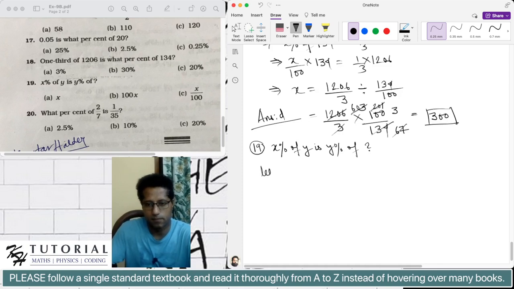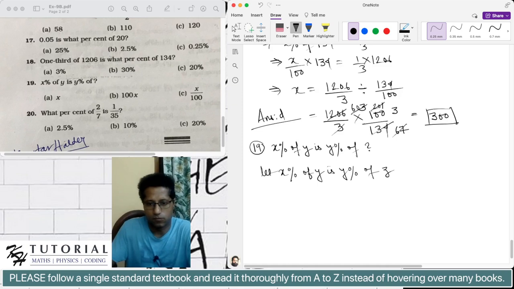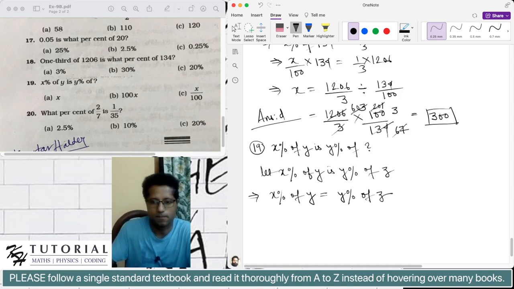So let x percentage of y be y percentage of z. So we are assuming that unknown quantity to be the variable z. This means that x percentage of y is equal to y percentage of z.